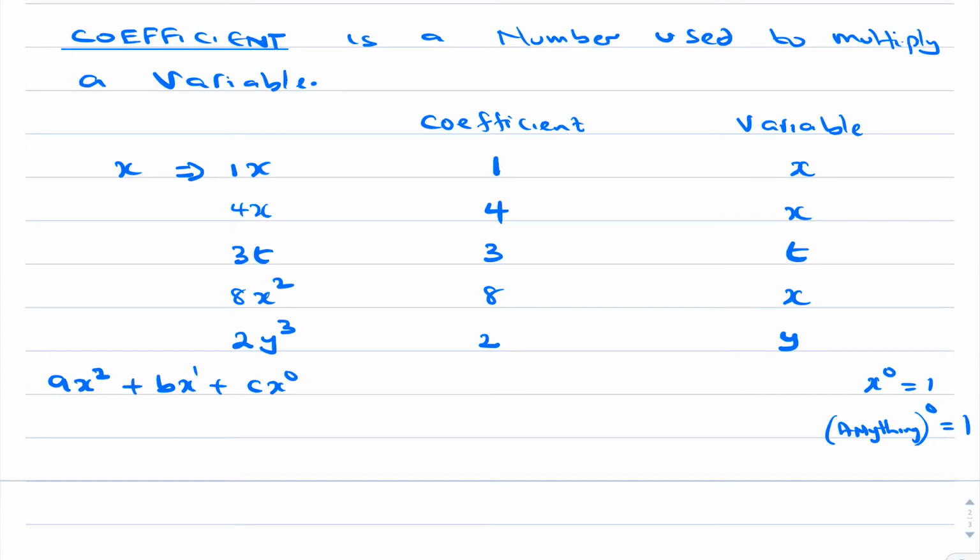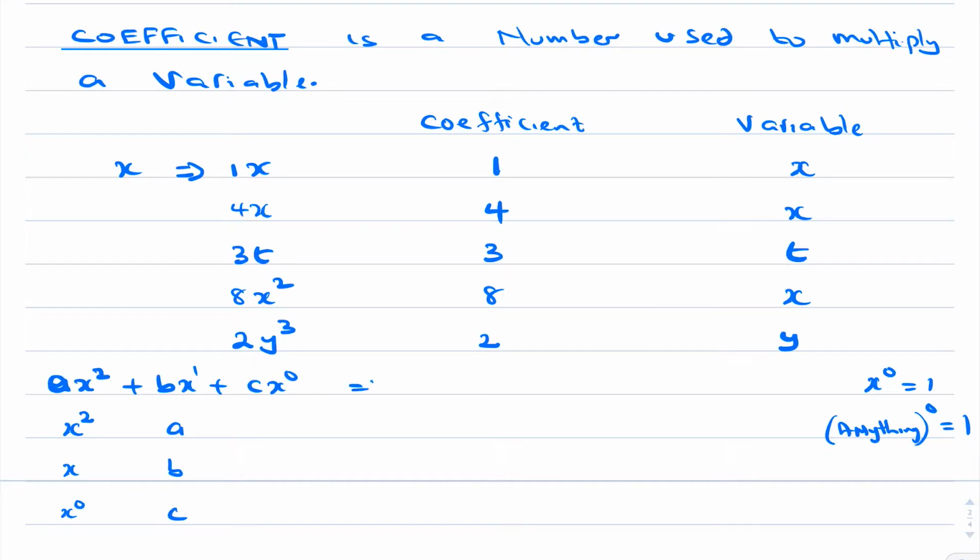So in this case, the coefficient in front of x squared is a, not 9. The coefficient of x is b. And the coefficient of x to the power naught is c.